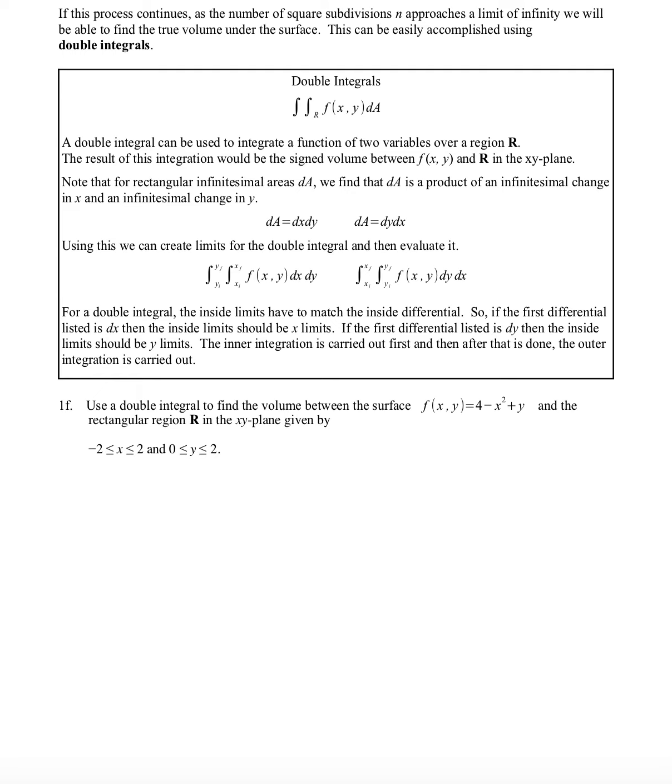So a double integral can be used to integrate a function of 2 variables over a region R. The result will be the signed volume between the surface and the region R in the xy plane. Notice that for a rectangular infinitesimal area dA, dA would be a product of an infinitesimal change in x and an infinitesimal change in y.